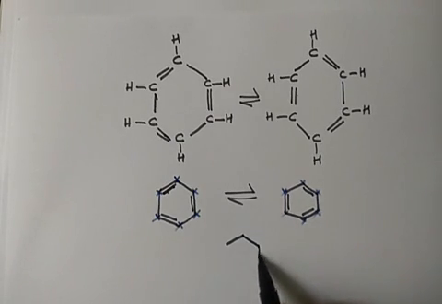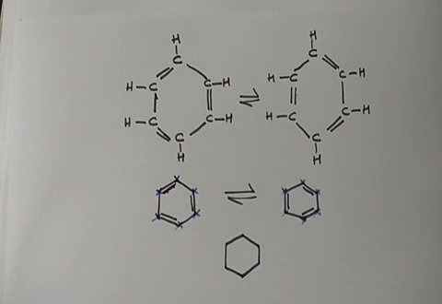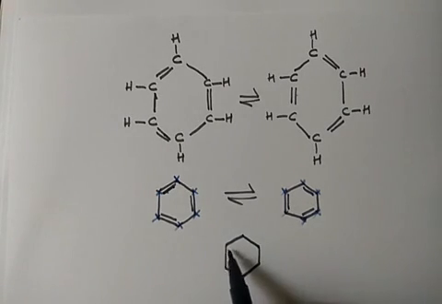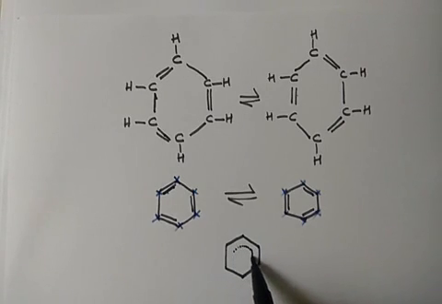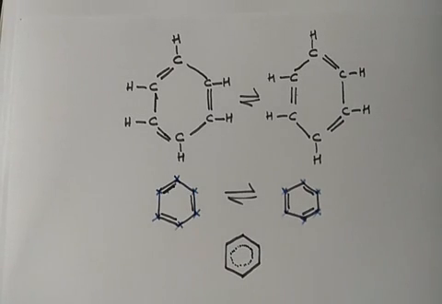So that delocalization of pi electrons you can write like this. That is, this carbon has pi electrons, the other carbon has pi electrons, all the carbons have pi electrons.